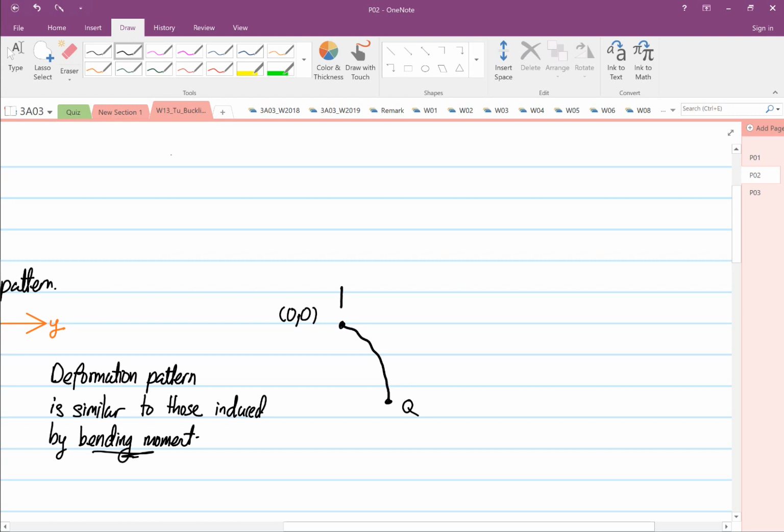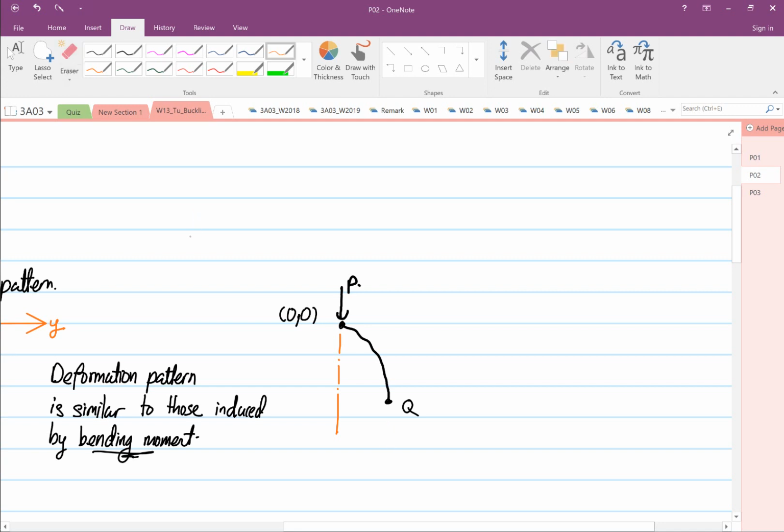So this is still our P, going down in the x direction. At point Q, we have action equal to reaction.